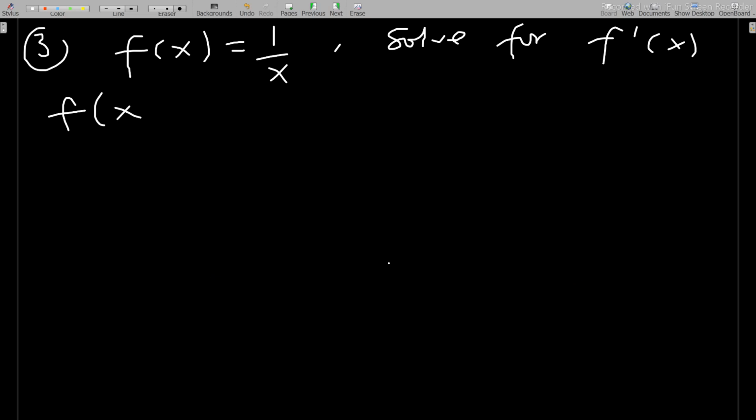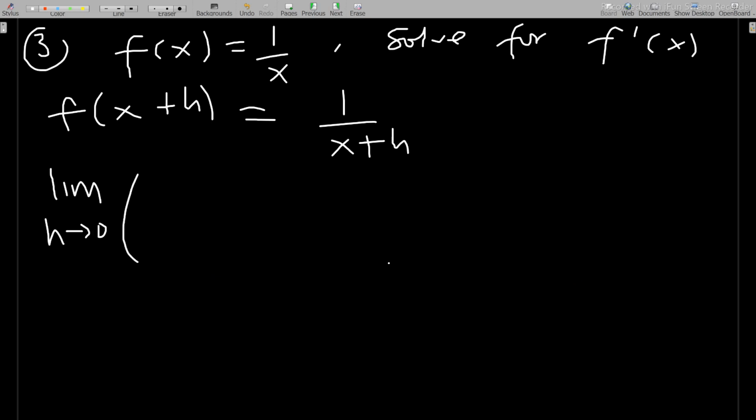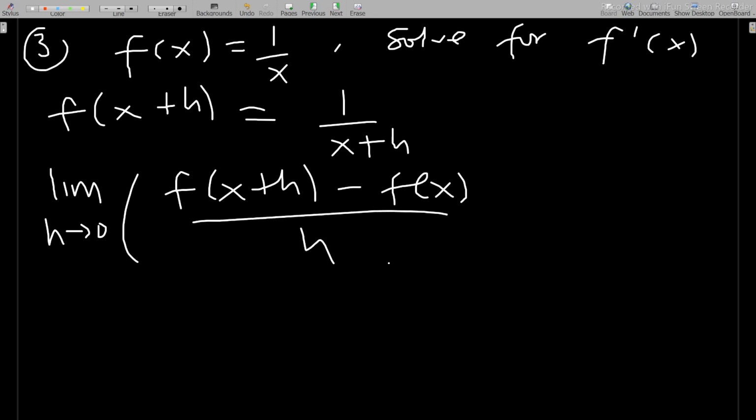Now all that we need is f of x plus h, and that will be equal to 1 over x plus h. Okay, so limit as h approaches 0 of f of x plus h minus f of x all over h.